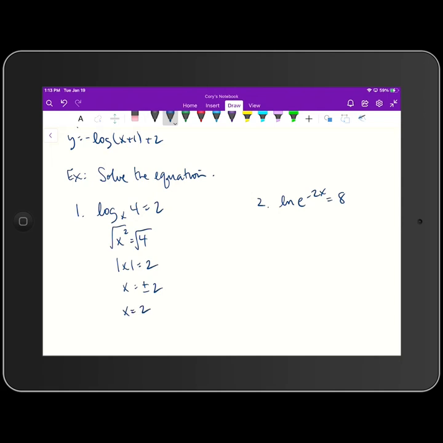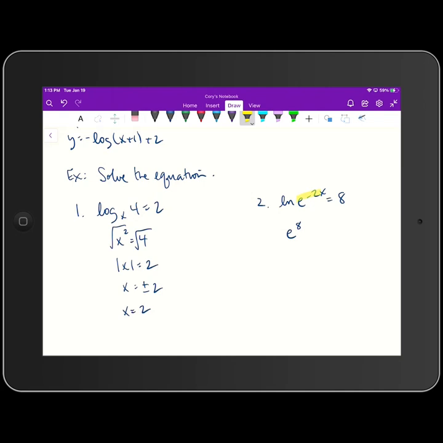Okay, let's solve the equation for number 2. Again, we have a log equation, and it's probably best to rewrite this log in exponential form. So natural log, that is log base e. What the log is equal to, that is the exponent.